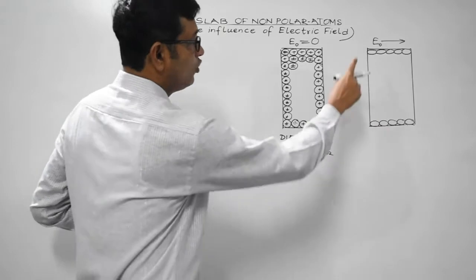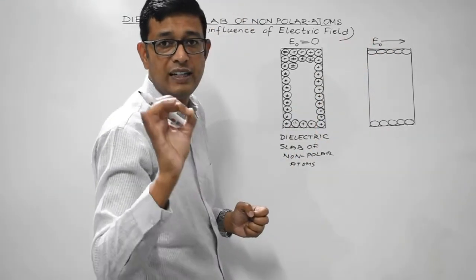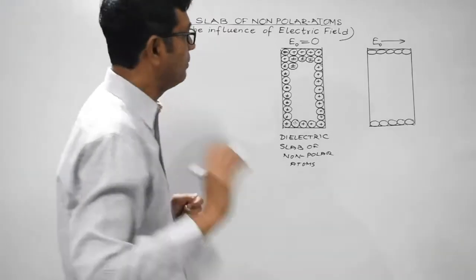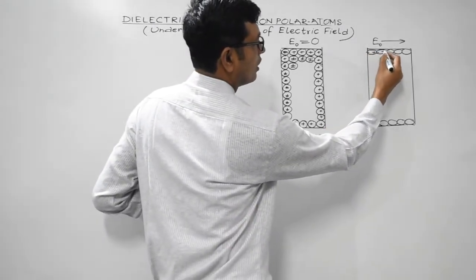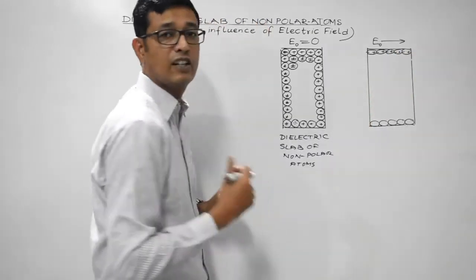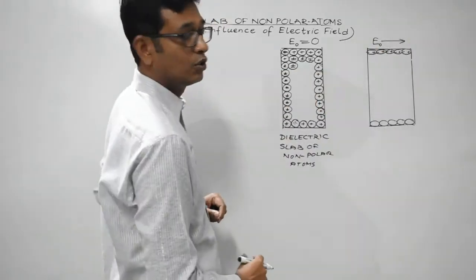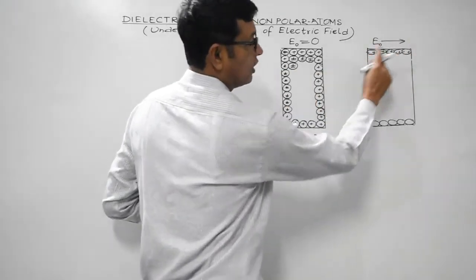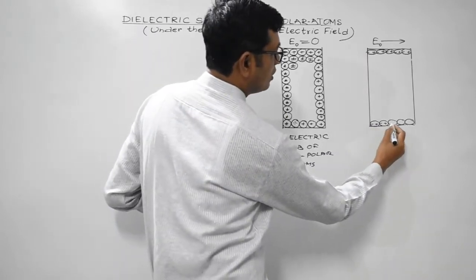So the stretching of the individual atom will take place. What we mean to say is that the positive charge will experience force along the direction of the applied field, while the negative charge will experience force against the direction of the electric field. So the stretching will take place. I have shown it with the help of this diagram, right?